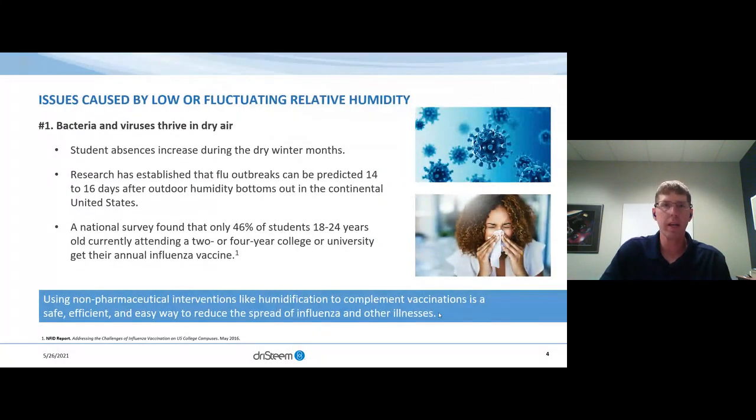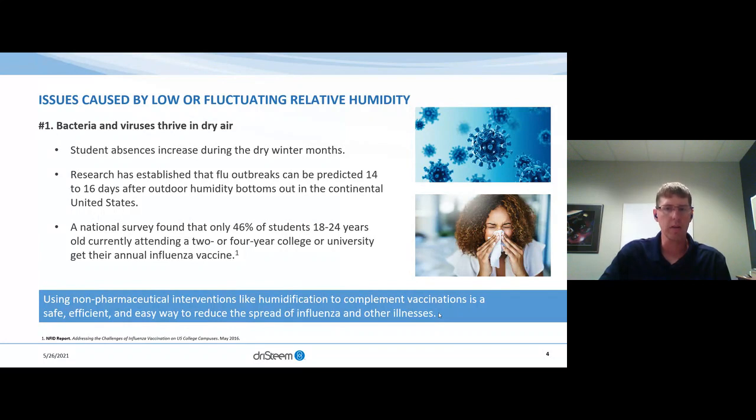So, breaking it down a little bit more, just like what the Sterling chart was showing, bacteria and viruses thrive in that dry air, so that lower section. And that's because you don't have as much moisture, the particle sizes get smaller. We've heard a lot in regards to COVID, as an example, about aerosolized particles such as viruses or colds and flus.